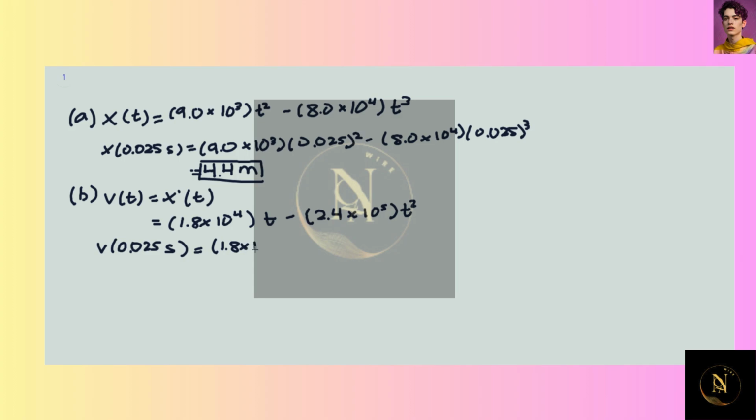That's 1.8 times 10 to the fourth being multiplied by 0.025, and then minus 2.4 times 10 to the fifth times 0.025 quantity squared. Plug that into a calculator, and we get exactly 300 meters per second. So these chickens are going fast.